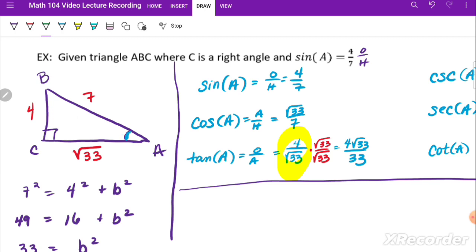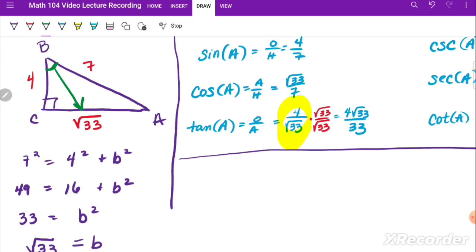Next, we want to find our 6 trig functions, this time for angle B. So our opposite side changes. Now our opposite side is the square root of 33, and our adjacent side is 4. Let's start with sine. Sine of angle B is going to be our opposite side, square root of 33, over our hypotenuse.